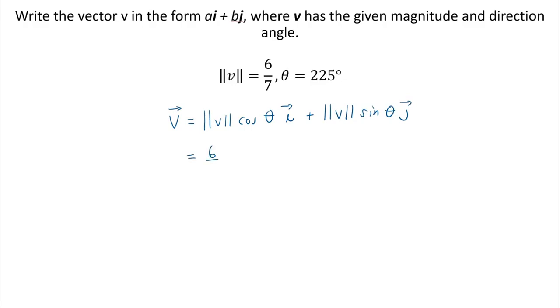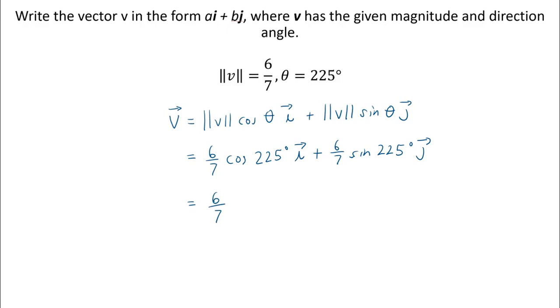Magnitude of v is 6/7 times the cosine of theta, which is 225, times i, plus 6/7 times sine of 225, j. And that's equal to 6/7 cosine of 225. 225 is in quadrant 3, but we can use 45 degrees as our reference angle.